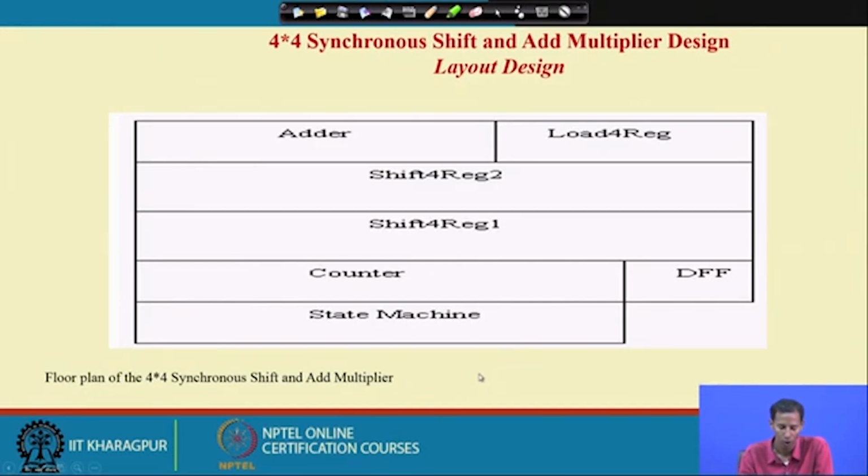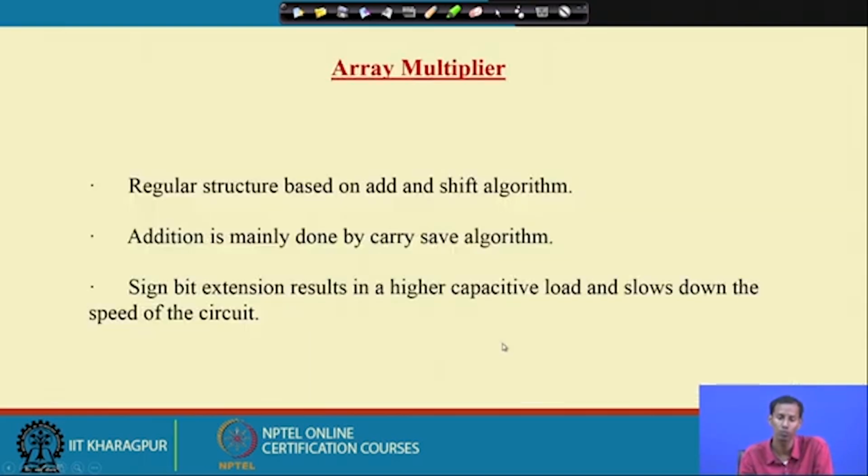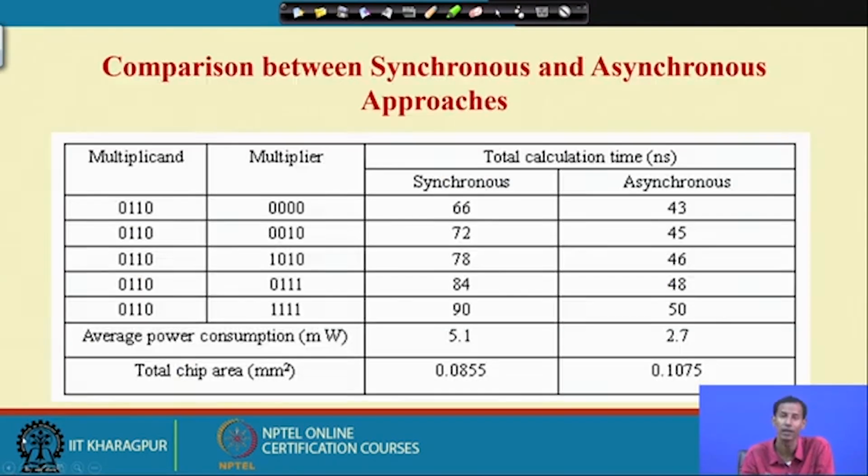Okay. And then, what I said is that I have two types of multiplication, one is synchronous and another one is asynchronous. This is the computation time requirement in synchronous, as all the things are happening clock-wise. That is why I have to wait for more time in synchronous.